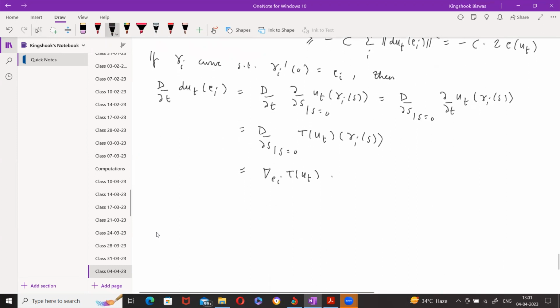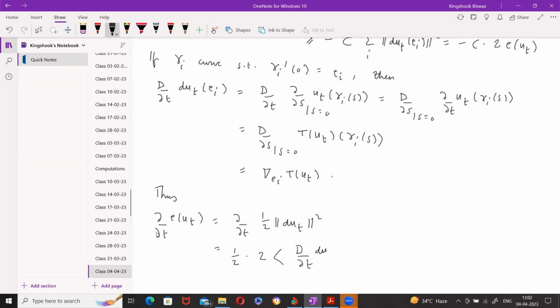So thus, what we get is, if I look at ∂_t of the energy density, so this is ∂_t of half norm du_t squared. So the norm squared is the inner product of du_t with itself. So when I take ∂_t of that by metric compatibility, this will be twice the inner product of D ∂_t of du_t.